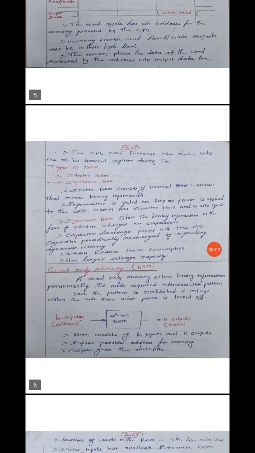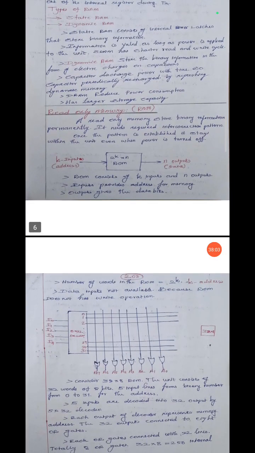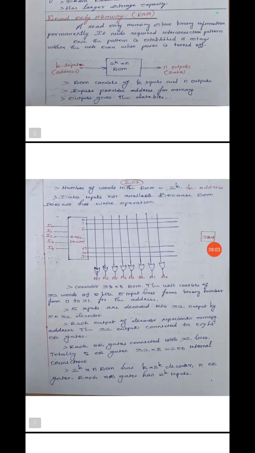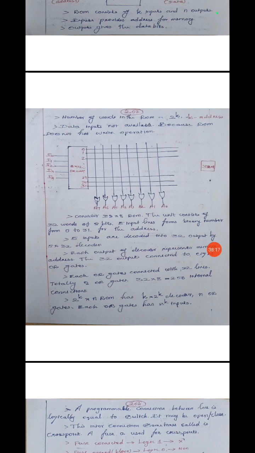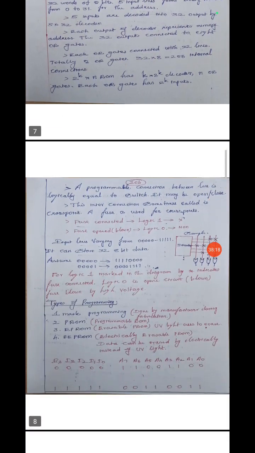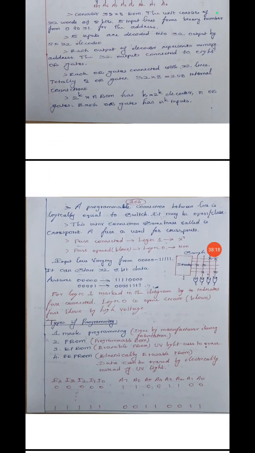The next one is read only memory, ROM. In ROM they will ask a problem. Don't confuse ROM with PAL and PLA. Most of the students have confusion with ROM, PAL and PLA. So this is a problem.